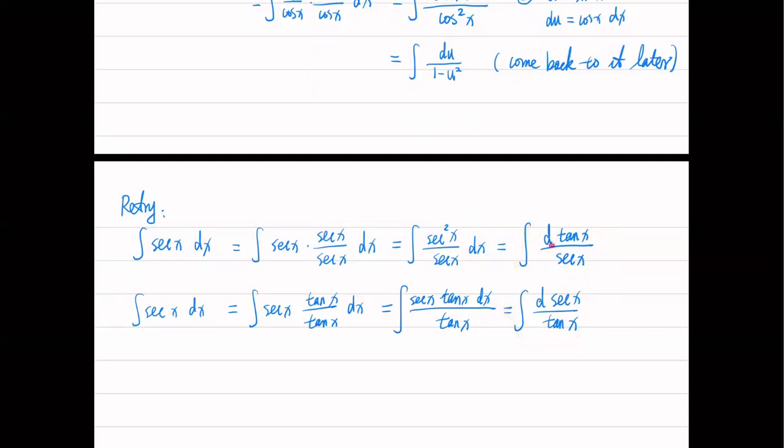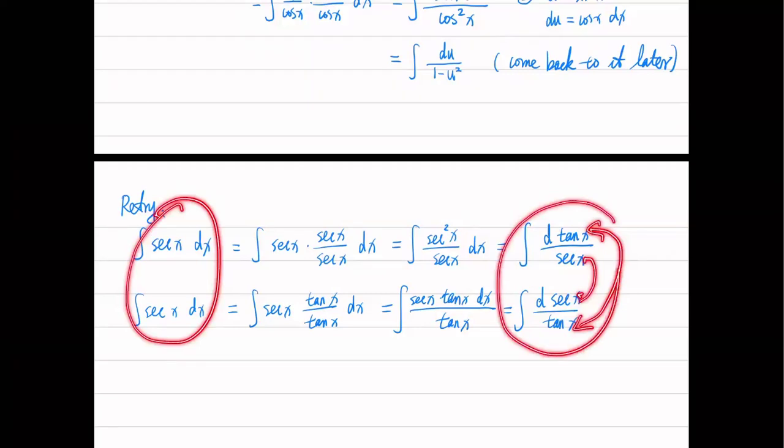This is d tangent over secant. This is d secant over tangent. I have a match over there, a match over there. So to integrate this, we will combine these two approaches to get a match between tangent and tangent, secant and secant.